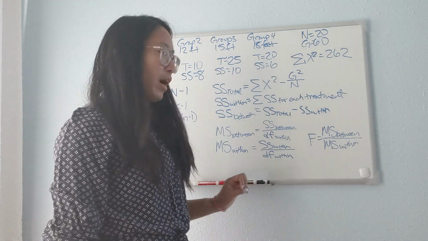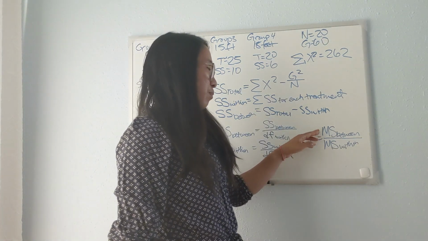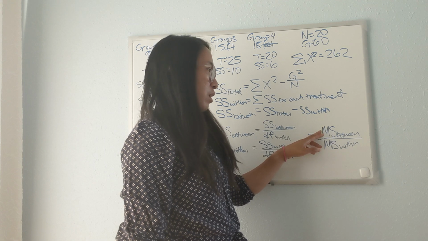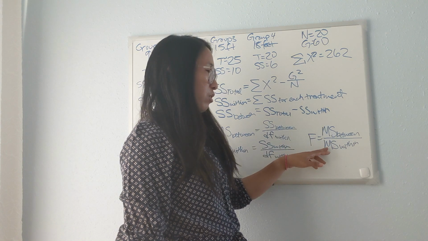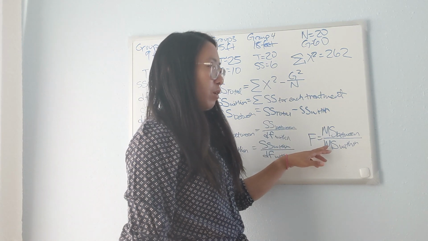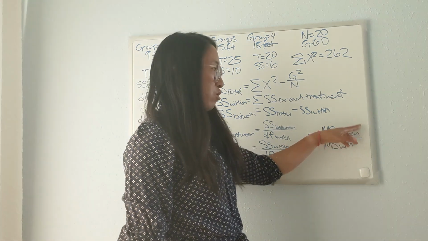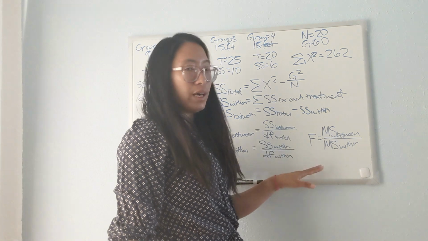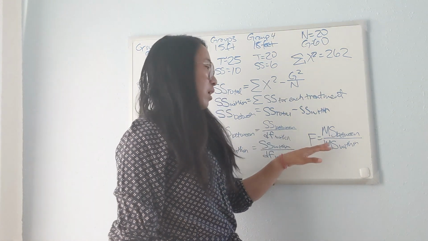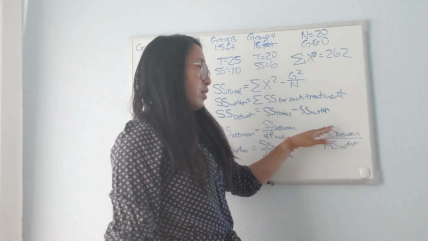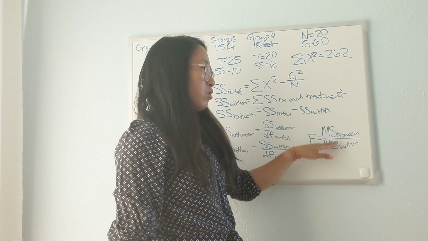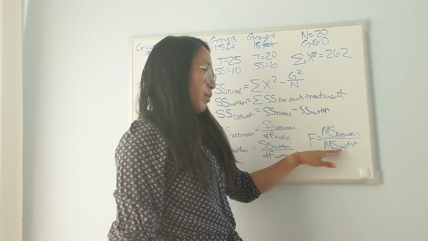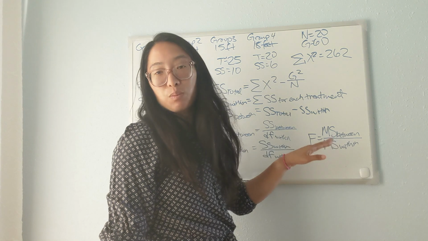The reason why is because you're looking at the mean square between over the mean square within. When there's no effect from treatment, the numerator and the denominator will be closer to 1 because they will be equal.